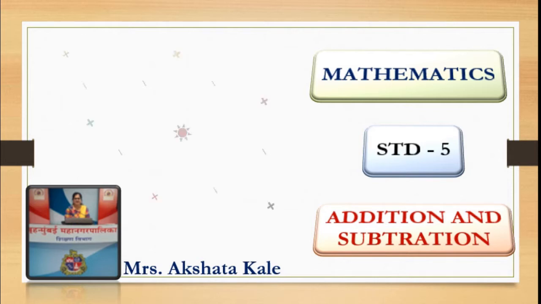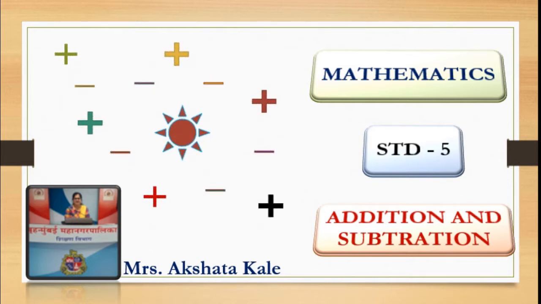Yes students, whenever we need the total expenditure or any total number of articles, then we go for addition, right? And when we want to find out the difference between the expenditure or any used and unused things, we go for subtraction, isn't it?